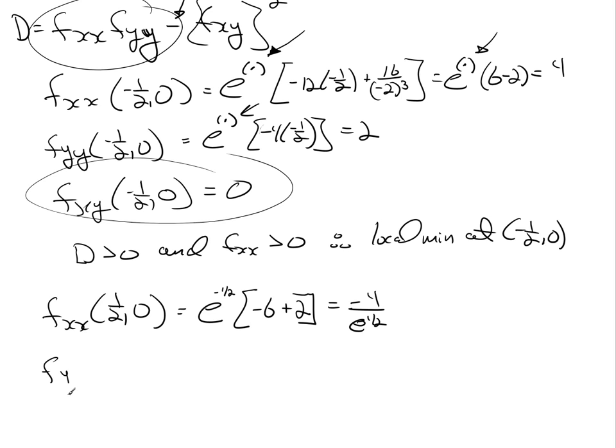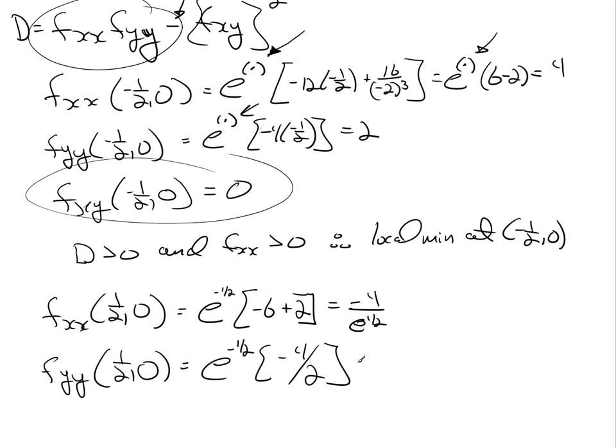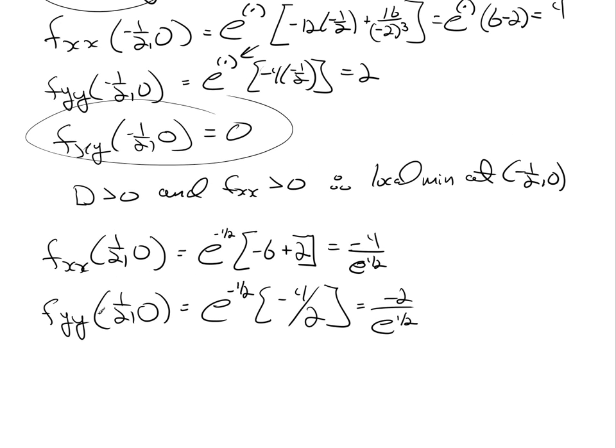And then fyy at 1/2, 0. I'm going to substitute all those values. I'm going to get, again, e to negative 1/2 times negative 4 over 2, which is going to give me a negative 2 over e to the 1/2. So again, I'm going to end up with d greater than 0 because I multiply those two together because that's what constitutes d.